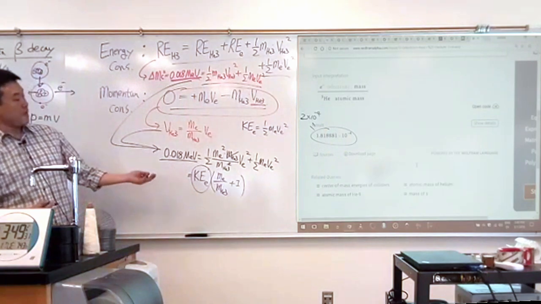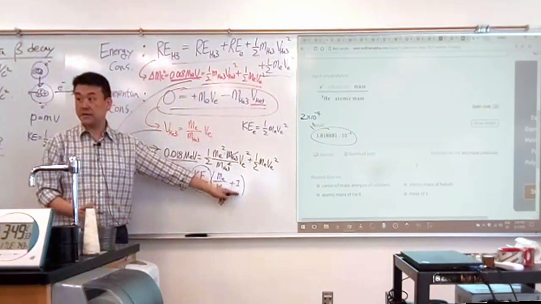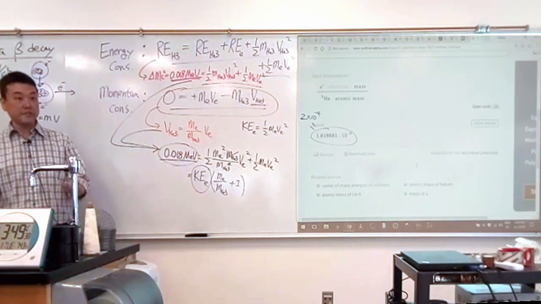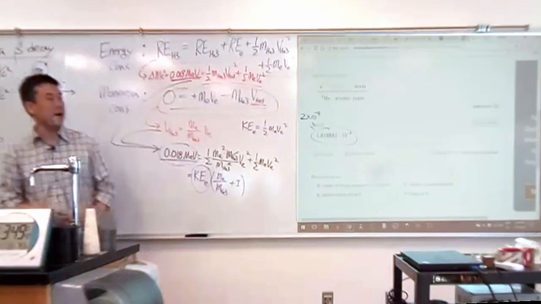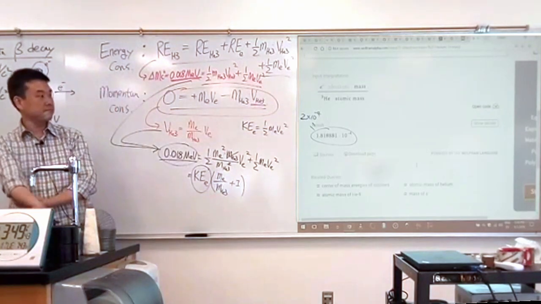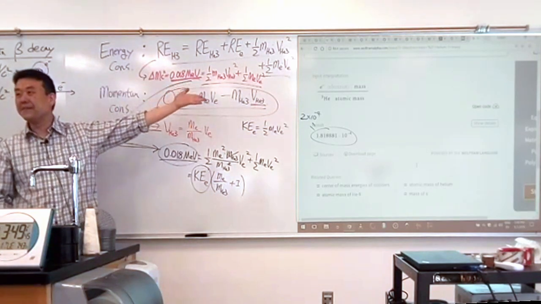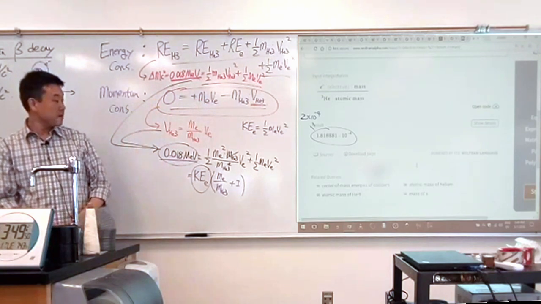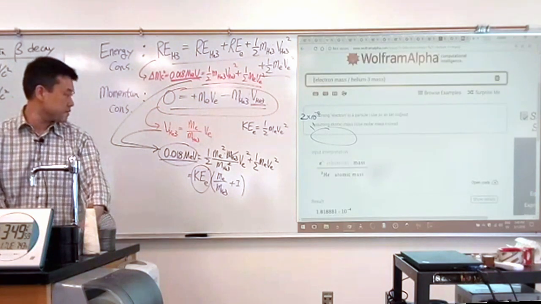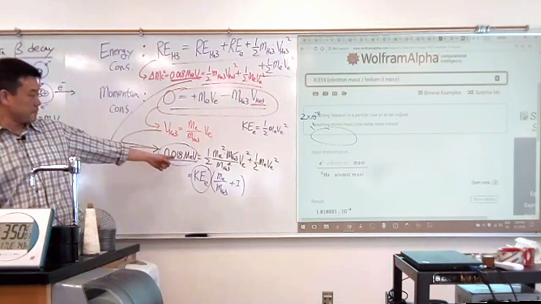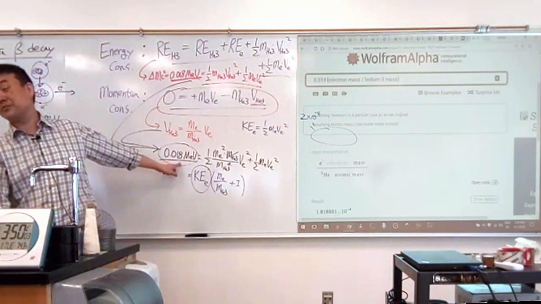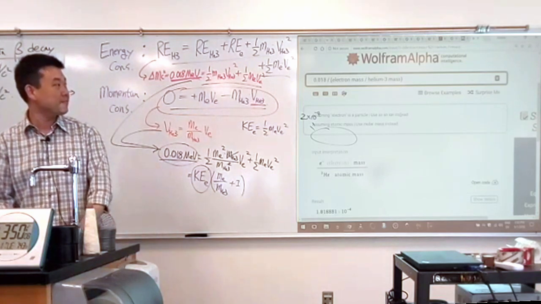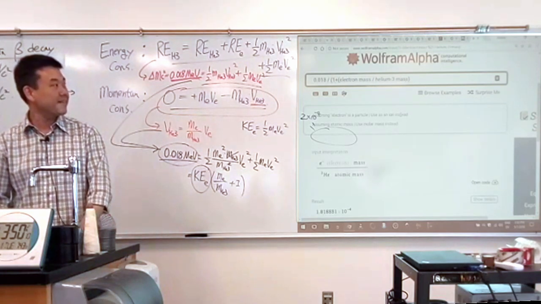If you had used just 1, as in if you had assumed that this was the correct kinetic energy, you would have been off by a factor of 1.0002 or some number of zeros. If you actually calculate it, it's 0.018, so this doesn't have enough precision for that factor to matter. But let's just pretend that it was and do 1 plus that.